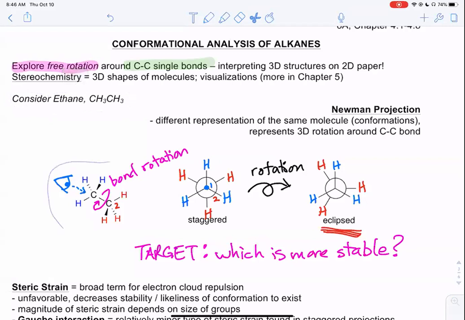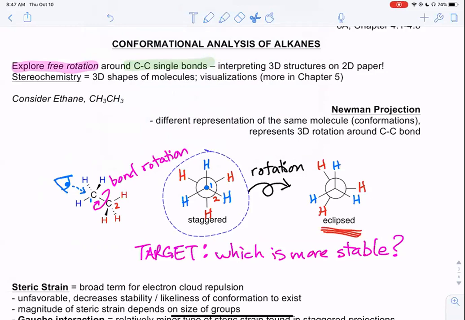And this is our, it's not a 3-dimensional drawing because it's on 2-dimensional paper, but it's as 3-dimensional as we can get. And then if we take our eyeball and look down that carbon 1 to 2 bond, I'll just number, this is the one in the front, the blue one here is carbon 1, and the one in the back is 2, and we kind of smush it, it's going to look like this.